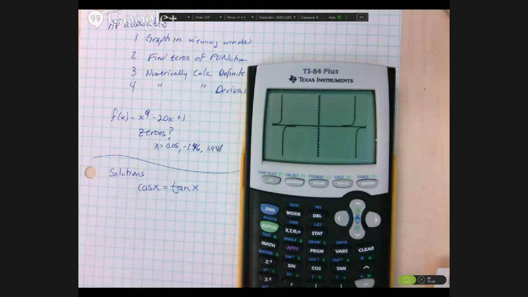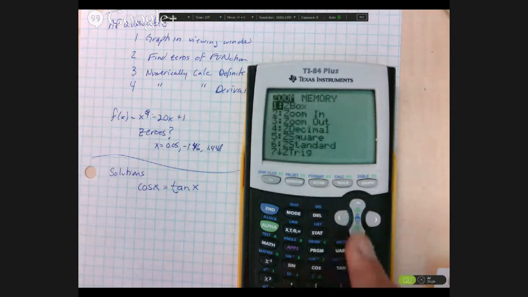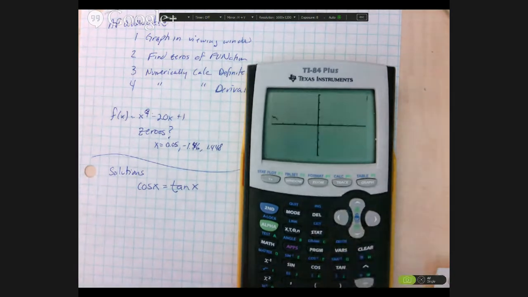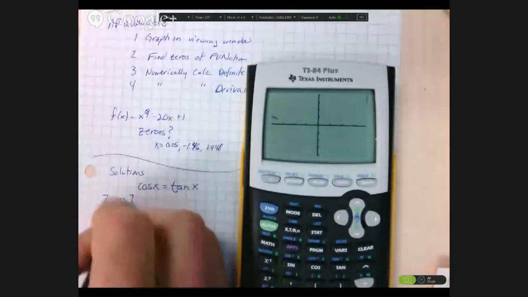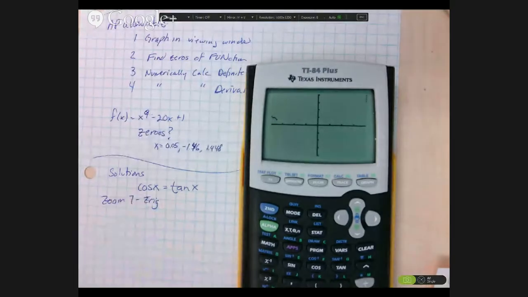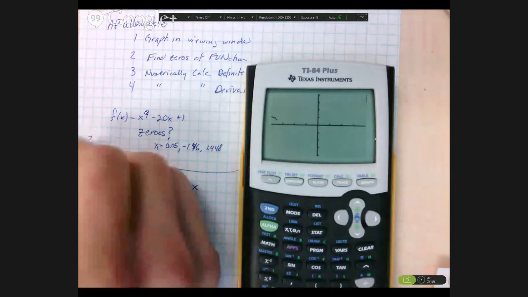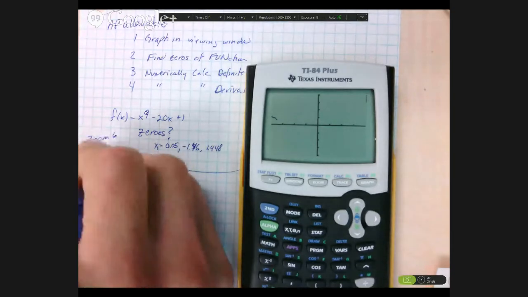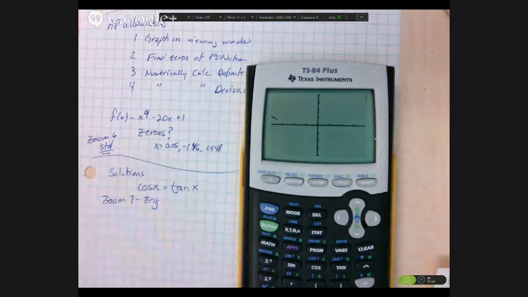Okay, my window's off. Can't see anything, so Zoom 7 is the trig zoom. Zoom 6 is the standard window.